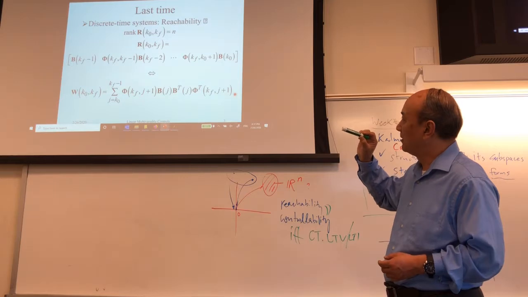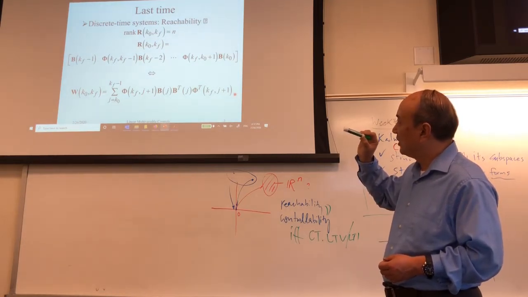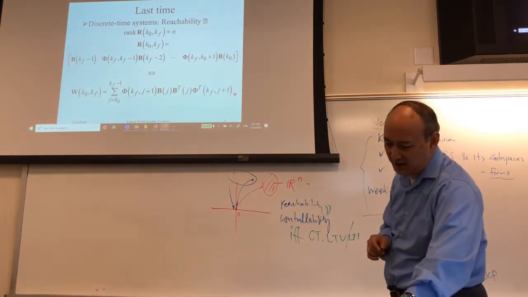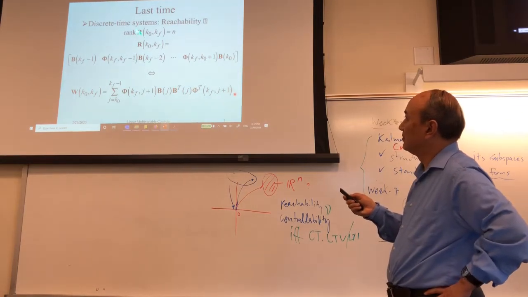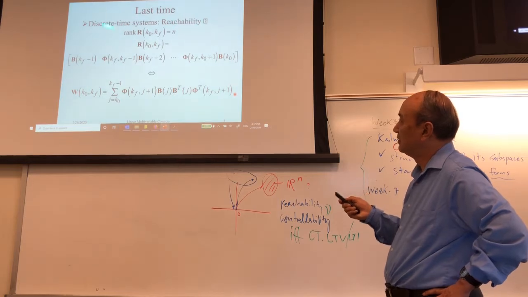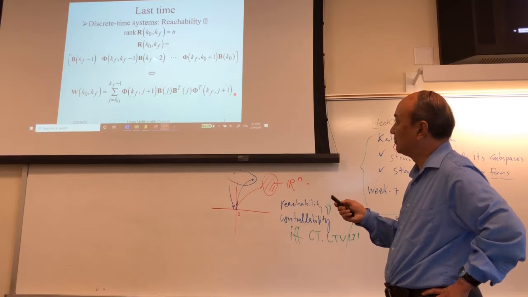And remember that we are talking about this R matrix. I want you to see the differences here. R is called a reachability matrix. If rank is n, then it's reachable for the discrete time, time varying system. So basically B at Kf minus 1, here B at Kf minus 2.